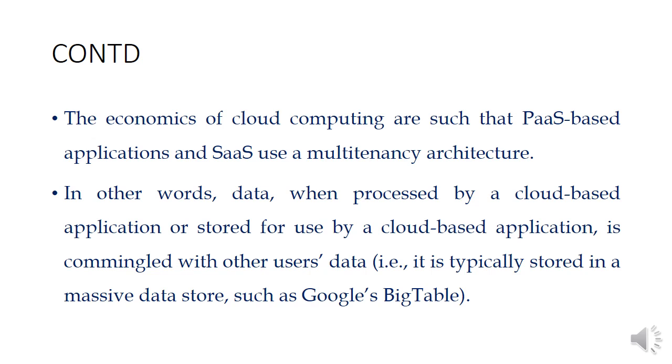The economics of cloud computing are such that PaaS-based applications and software-as-a-service-based applications use multi-tenancy architecture. In other words, data when processed by a cloud-based application or stored for use by a cloud-based application is commingled with other users' data, typically stored in a massive data storage like Google's Big Table.